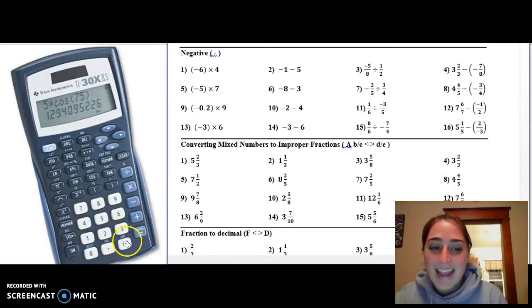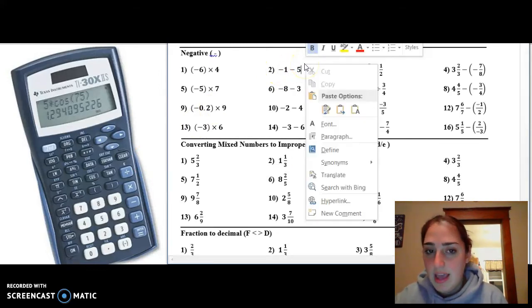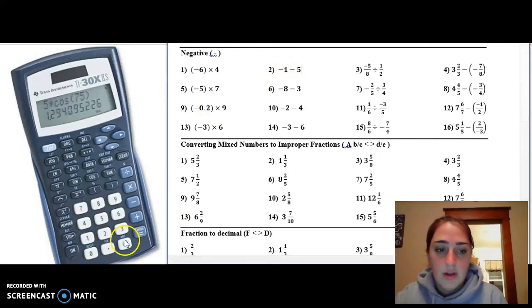Anyway, so -6 and then times 4. Okay, all you're doing here. Number 2, so this is -1 minus 5. That's all you should be typing here.